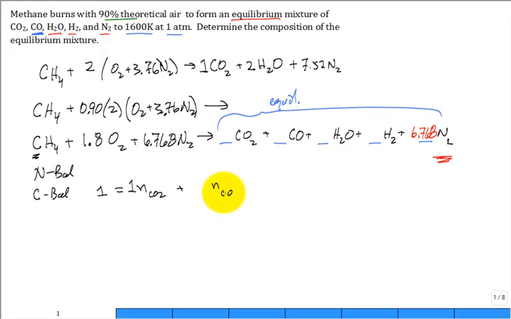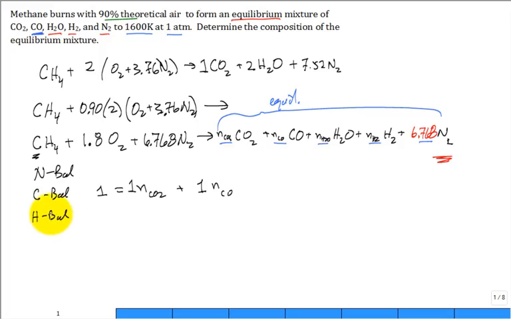But if there is, there's 1 carbon per each of those. So really it's kind of a mix. I have N of CO2, the coefficient I'm looking for, N of CO, N of H2O, and N of H2. But those coefficients have to satisfy the equilibrium requirement, as well as the carbon balance and the oxygen balance and the hydrogen balance.